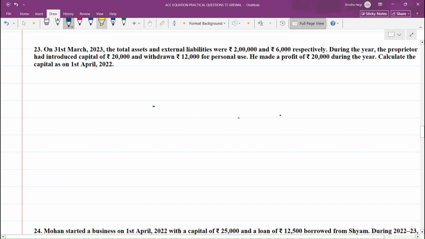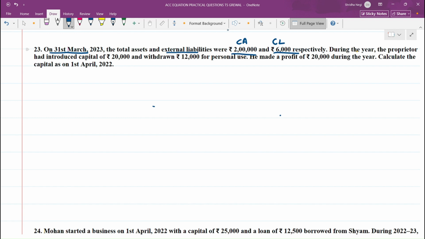Now the 23rd question. On 31st March, the total assets and external liabilities were 2 lakh and 6,000 respectively. ठीक है, on 31st March. So that means this is your closing asset and these are your external liabilities. External का मतलब होता है liabilities. ठीक है, so this is your closing liability.